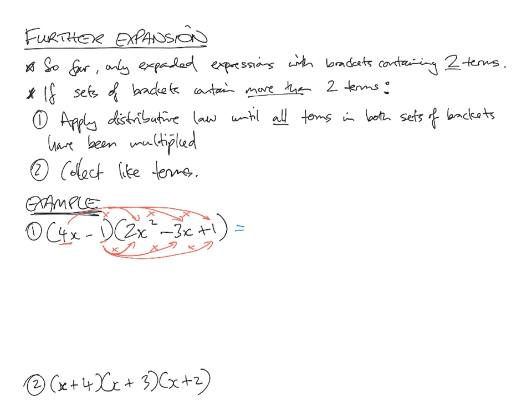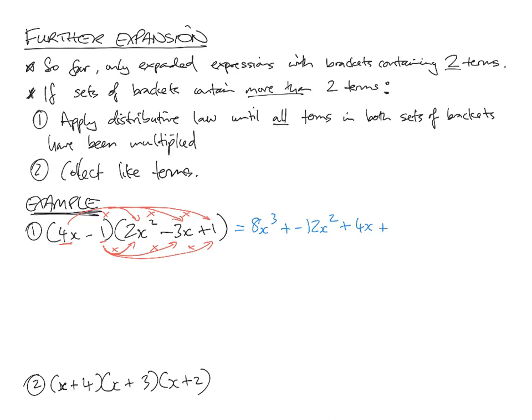So 4x times by 2x squared is going to be 8x cubed, plus 4x times by negative 3x is negative 12x squared, plus 4x times by 1 is 4x. So that is the first term of the first set of brackets times by everything else.